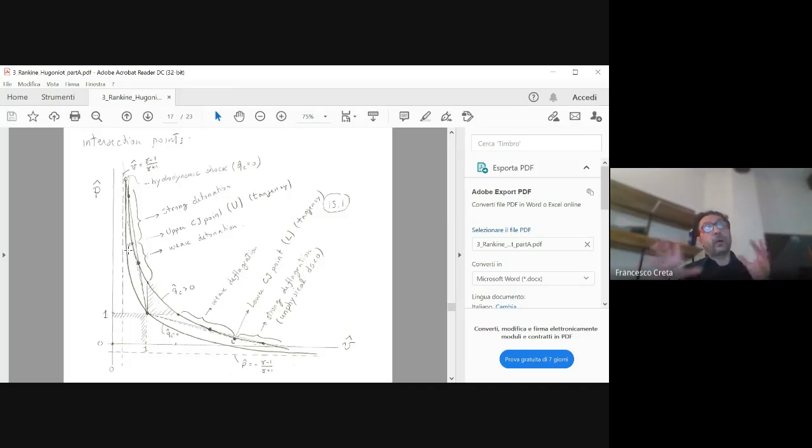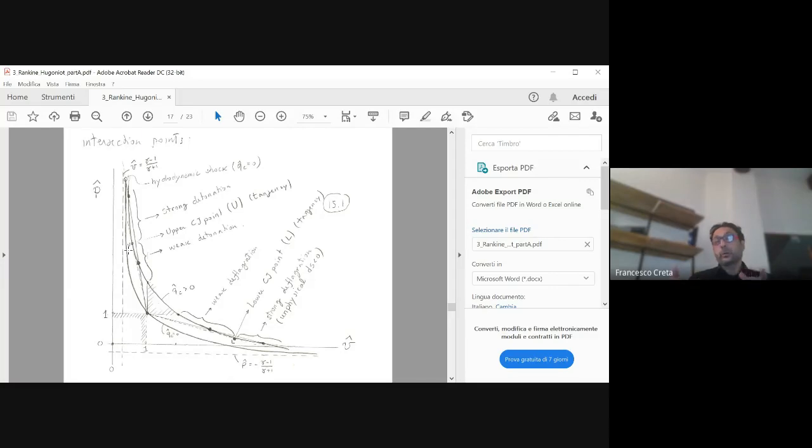As you can see, I'm concentrating a little bit more on detonations rather than deflagrations. There is a particular reason for this, because this Rayleigh-Hugoniot approach is extremely useful and accurate for detonations, a little less accurate for deflagrations. And by this time, you should know why.